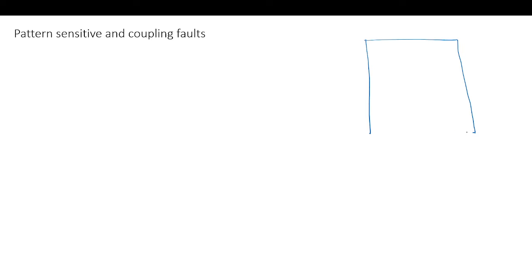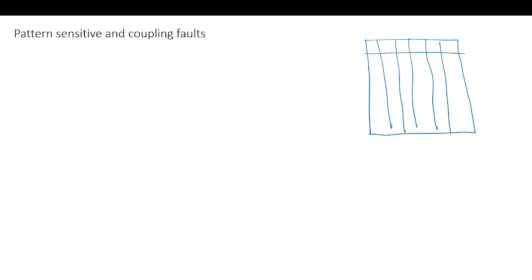If we consider a memory, it's like bit organized. Every square can store one bit. For example, this location was already having a 0, and some program writes 1 surrounding it. There is some fault because of this neighboring cell written as 1.